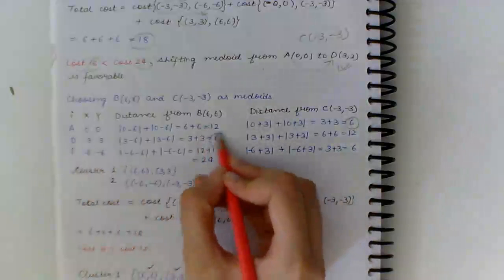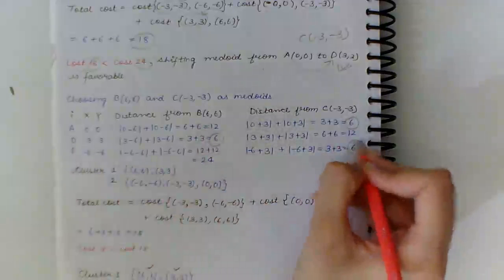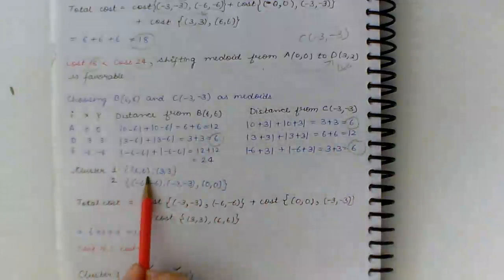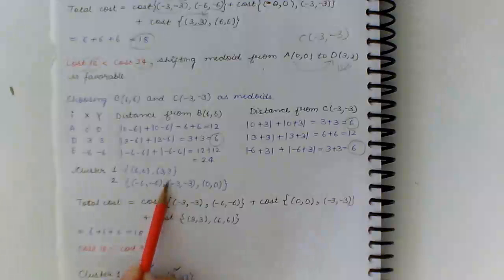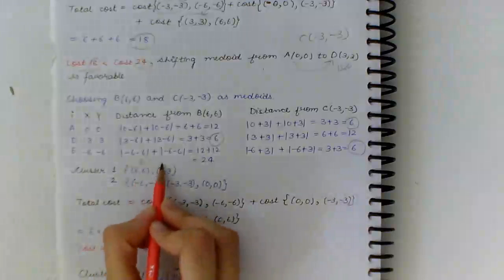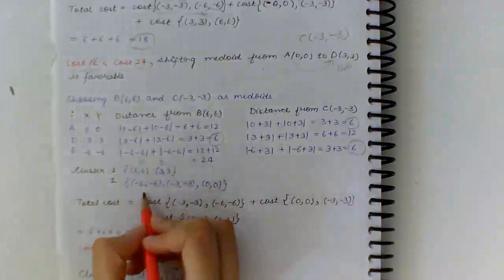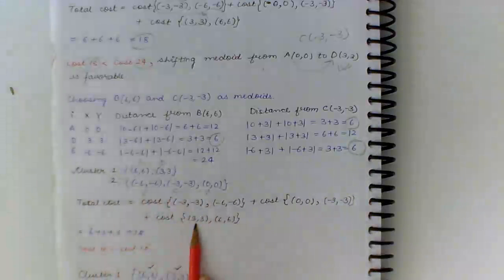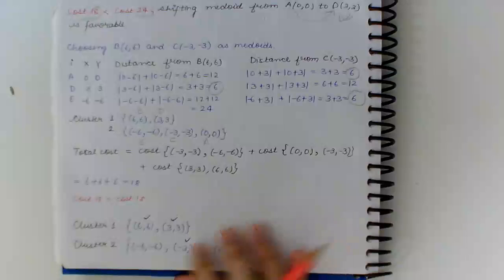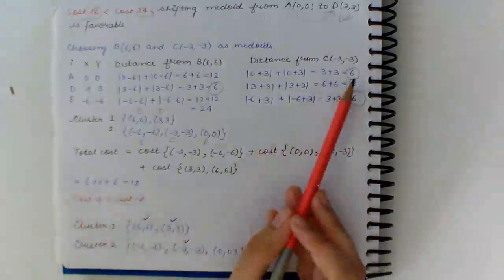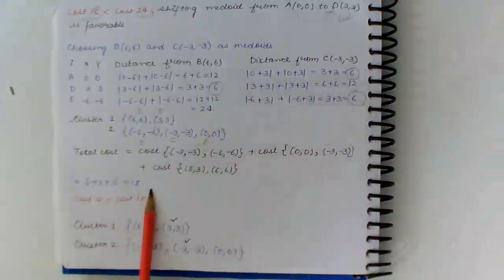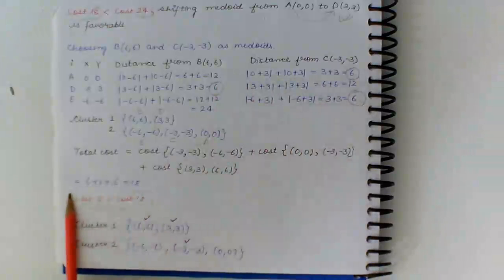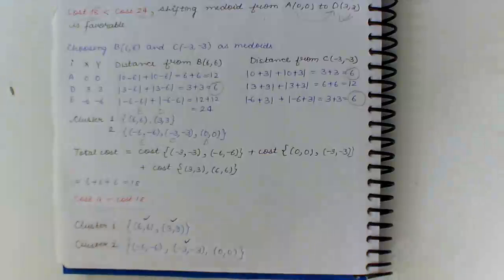Here A is nearer to C, B is nearer to B and E is nearer to C. So cluster 1 is (6, 6) and (3, 3), that is B and D, and cluster 2 is E, C and A. We calculate the cost in the same way for all the points from their medoids, and we get 6 plus 6 plus 6, that is 18. So this cost 18 is the same as the previous cost 18.